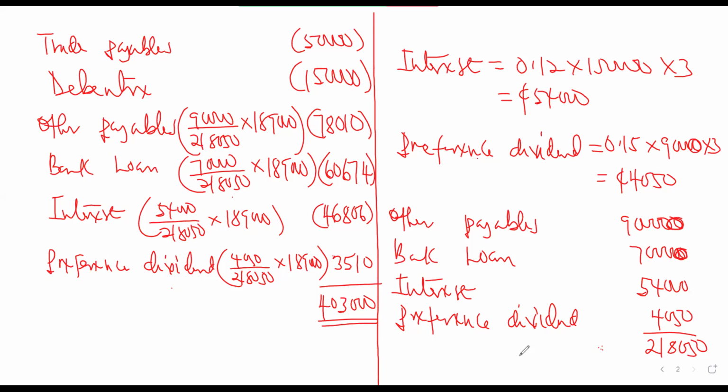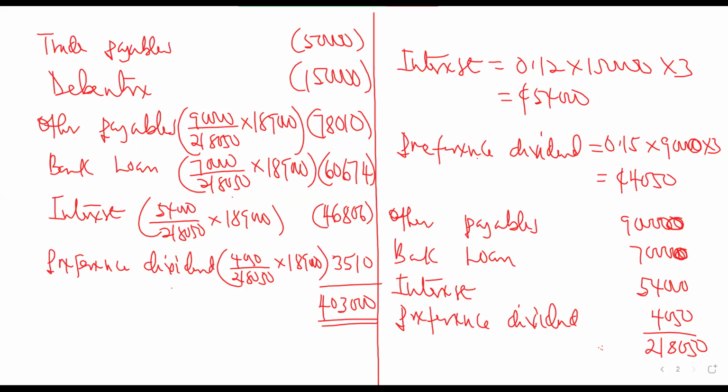We always have to pay attention to the items: the fixed charge will always come, then liquidation cost, preferential debt, floating charge. Then you distribute the remaining among the unsecured creditors. This is how the distribution will be done, and that is what they are asking us to do.